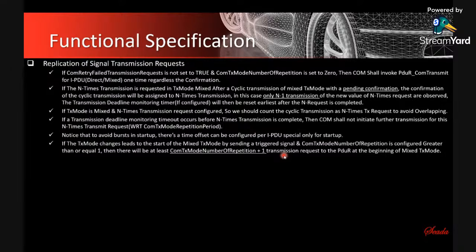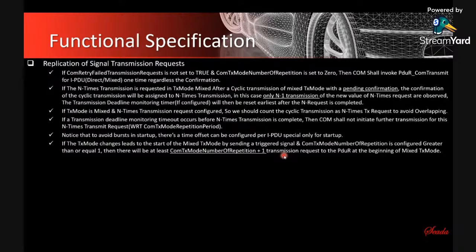If we have a transmission deadline monitoring timeout before the n-time transmission is complete, the COM shall not initiate further transmission. If you have a repetition configured for this signal or this IPDU, the COM will not do any further transmission once the transmission deadline monitoring has timed out.